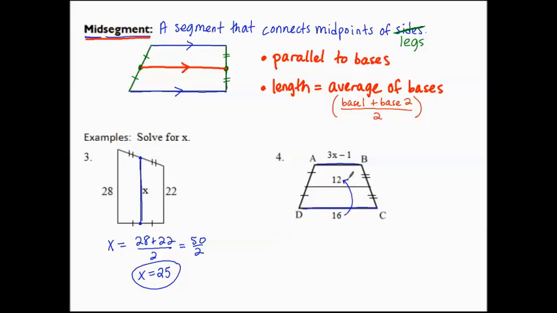How many spaces away is that? 4. We have to go from 16 to 12 by subtracting 4. So to go from 12 to the top base, if I subtract 4 more, I get 8. That means 3x minus 1, the length of that top base, has to equal 8. Now I have an equation that we can solve. Add 1 to the other side and divide by 3. Good job.